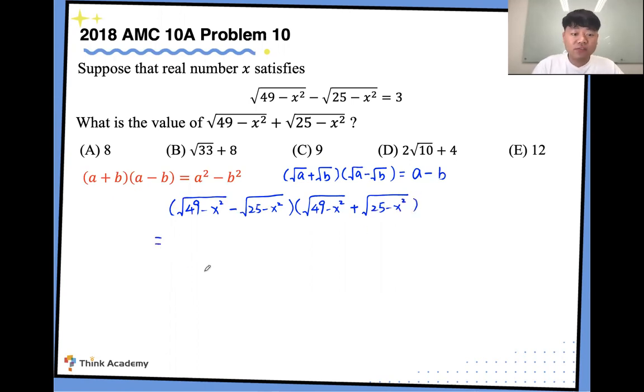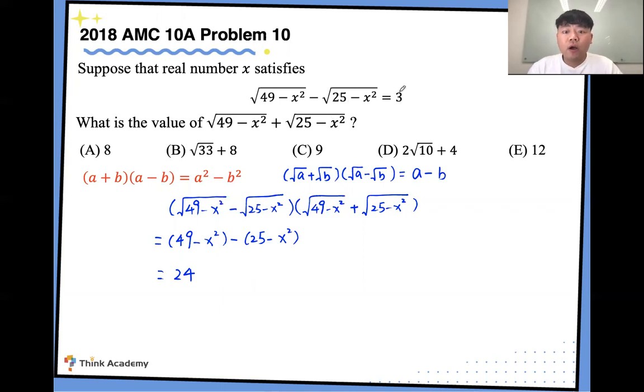By using the difference of squares, we're going to have the square root of the first one, which is just 49 minus x squared, minus the square of the second one, which is 25 minus x squared. And by taking out the parentheses, the x squareds get canceled. We have 49 minus 25, which is 24. That means the product of the two expressions is equal to 24.